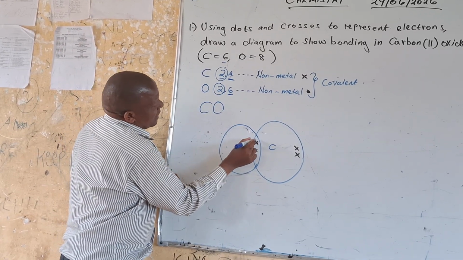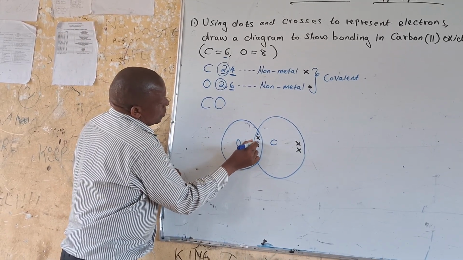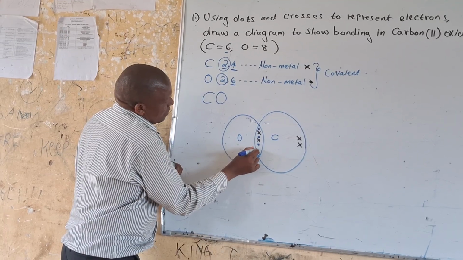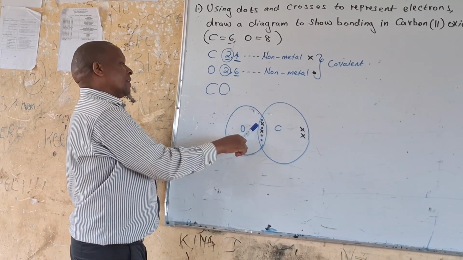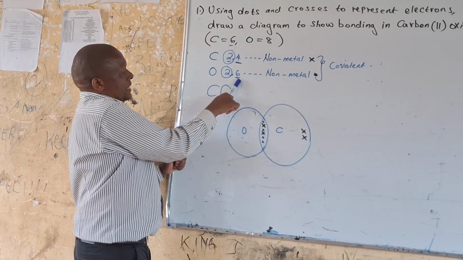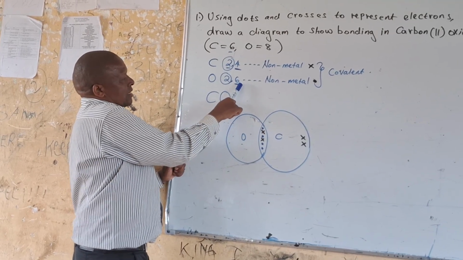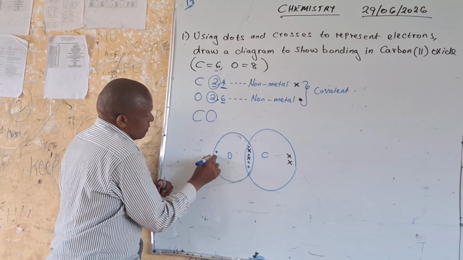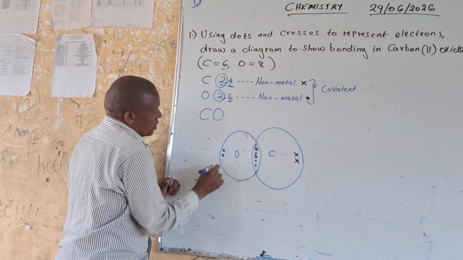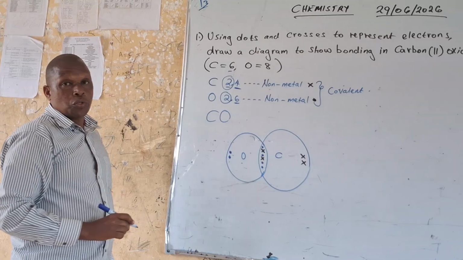So how many dots do you write here? 1, 2, 3, 4. So 4 electrons are taken to the shared region. If we already have 4 here, how many are remaining for oxygen? 6, that's taken 4, 2 are remaining. So we put 2 dots here. So this is the dot and cross diagram of carbon 2 oxide.